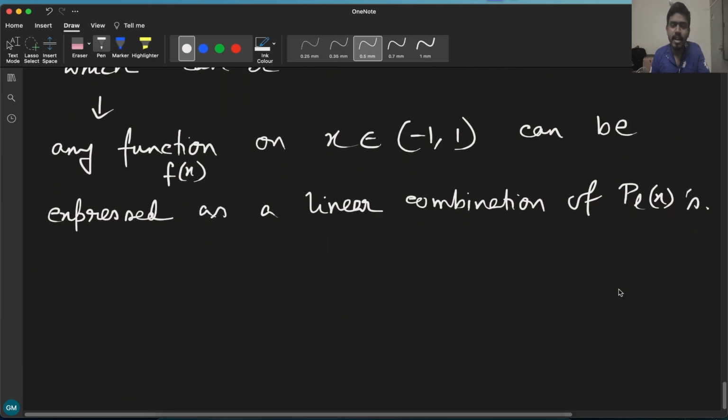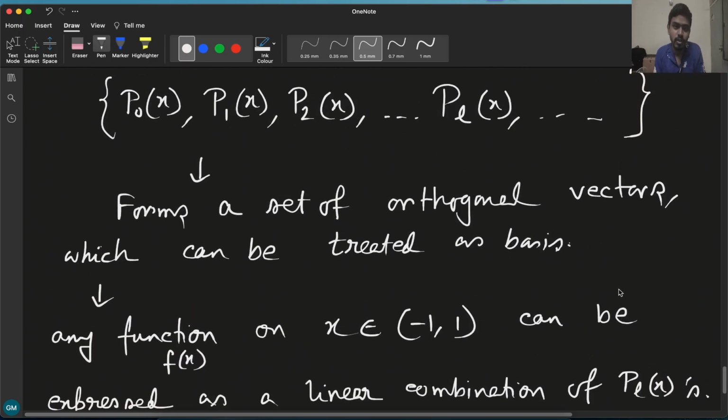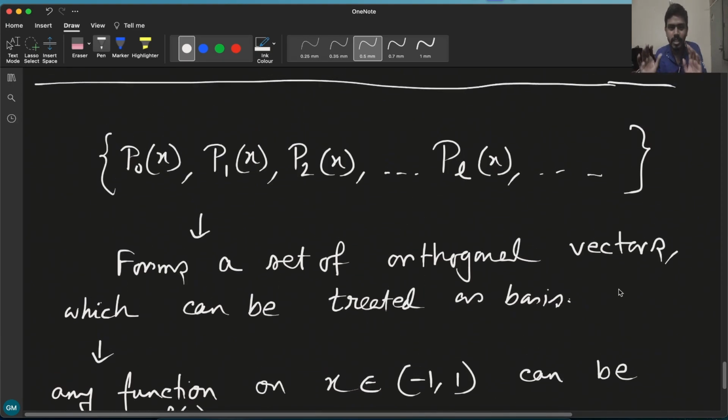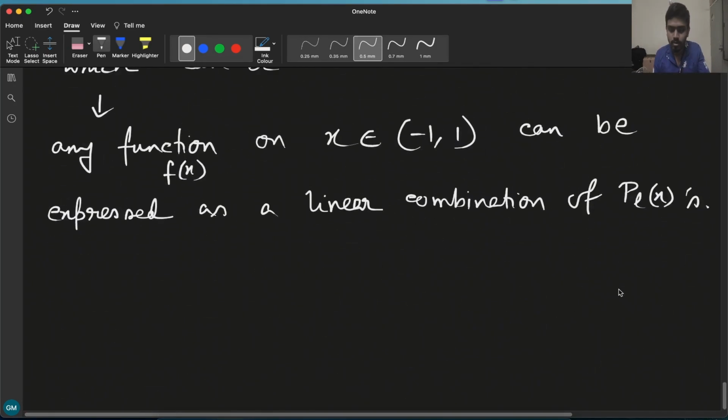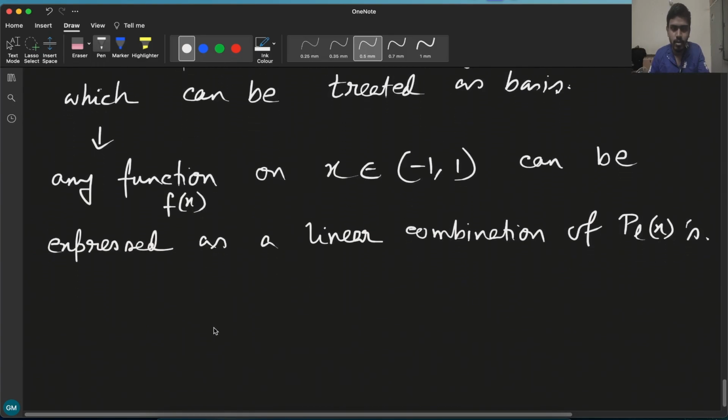Just like Cartesian vectors, if we have three basis vectors i, j, k, then any vector in 3 dimensions I can write as a linear combination of i, j, k. So the same idea, the same algebra will be followed here, but there is no notion of directionality, so it's kind of an abstract thing.